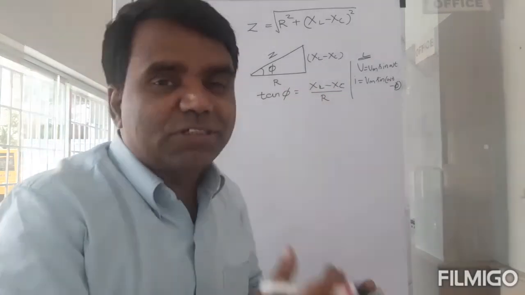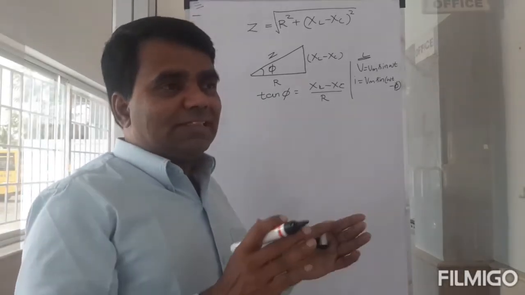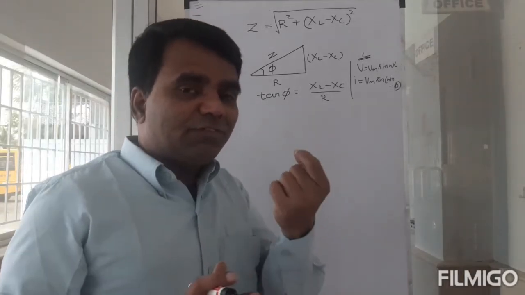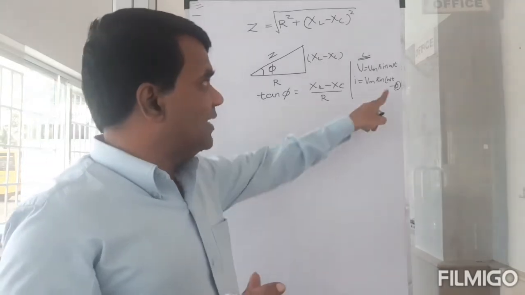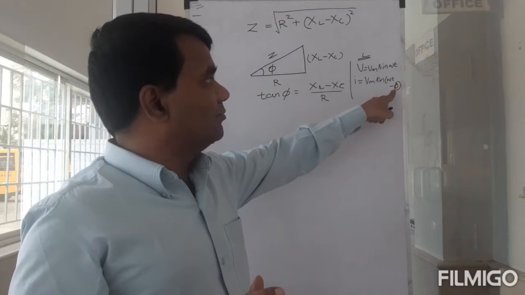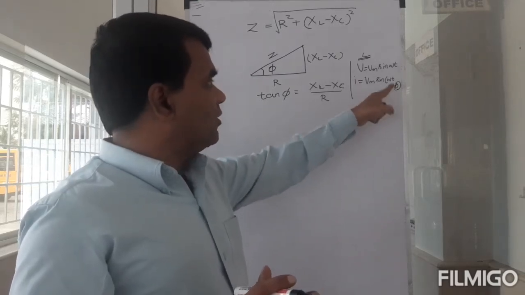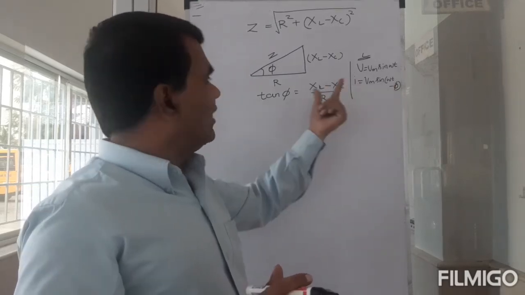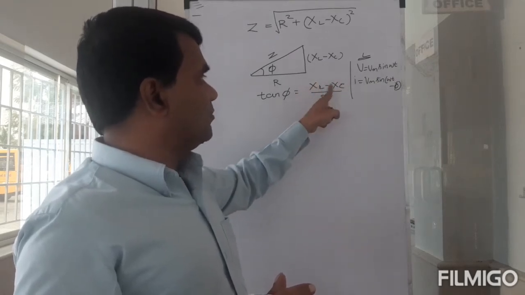That will also be a positive number. So even though it gives you the value of phi, it doesn't tell you whether the current lag is minus phi or plus phi now. Okay, it is like that now. Where I should have got a minus phi here, I actually am getting a plus phi because I have chosen XL minus XC.